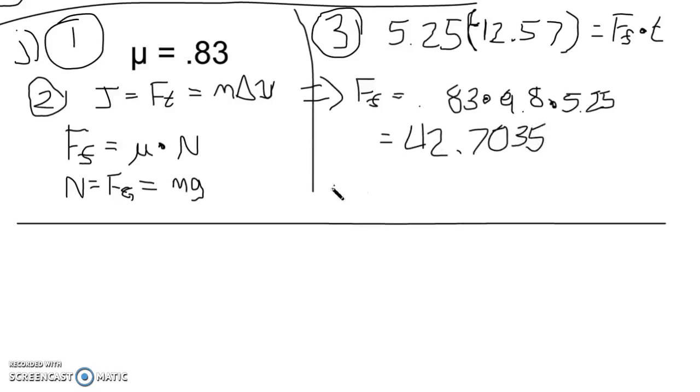Now, another thing: time is positive obviously, so we're going to say everything in this equation is positive. So I take back this being negative. Or, well, you could also say the force of friction is negative.